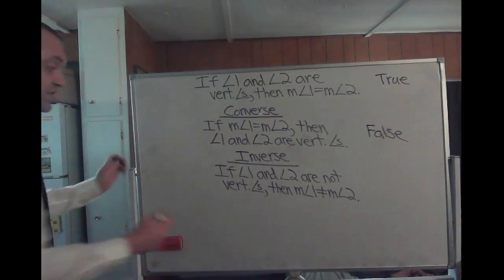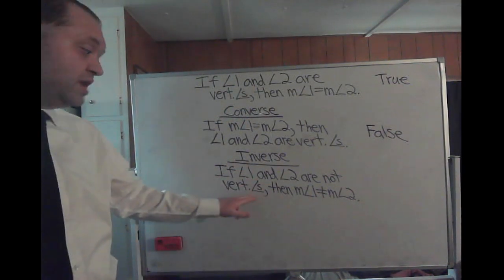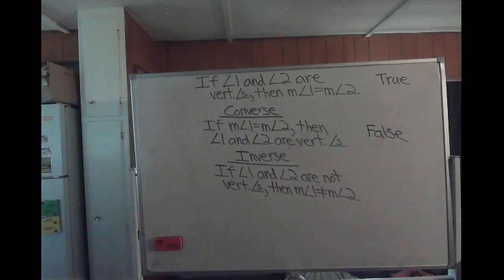So the inverse of the original statement is that if angles 1 and 2 are not vertical angles, then the measure of angle 1 does not equal the measure of angle 2.